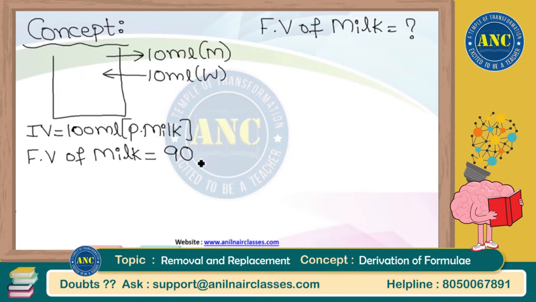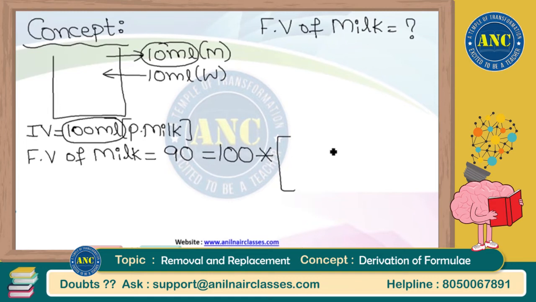Till now we have solved 5 questions on this removal and replacement. What is the method we used to find the final volume of milk? We wrote it something like this: initial volume is 100, and I used to write 100 multiplied by, 10 ml is taken out of 100 ml.